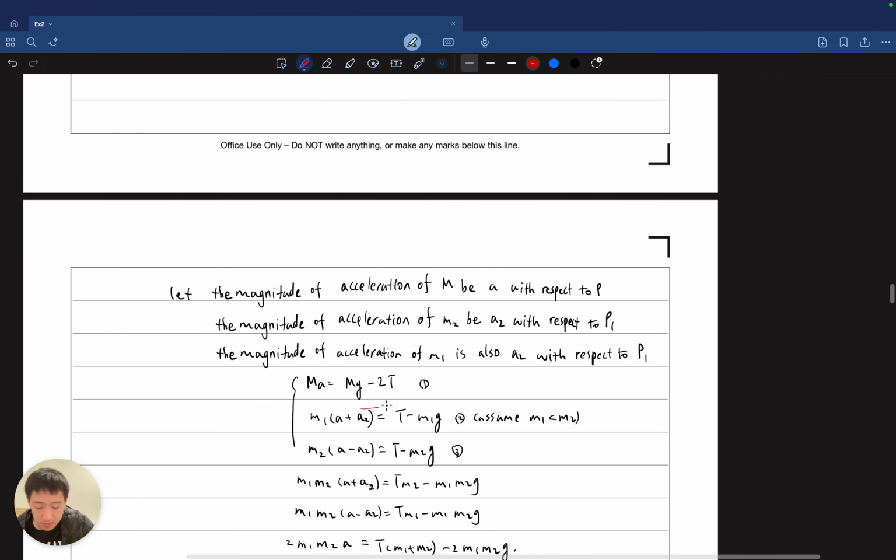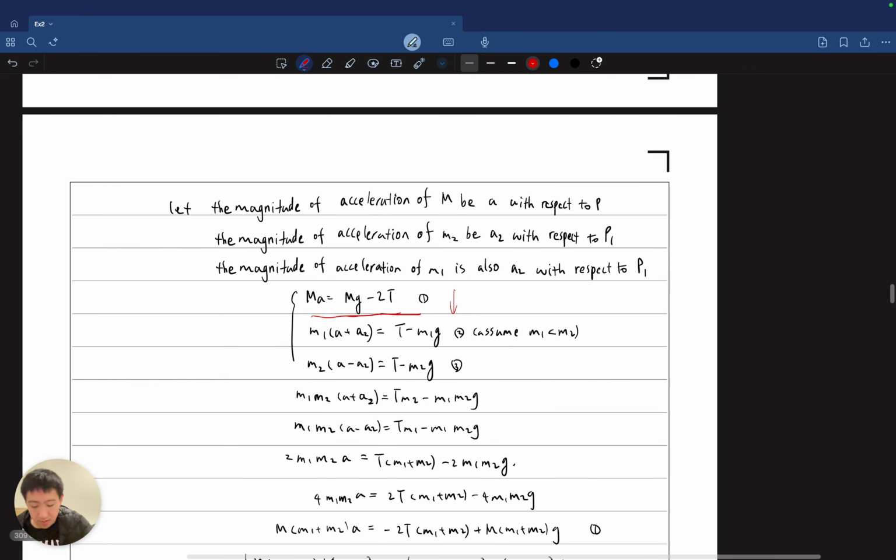Here the first one is quite straightforward. The only thing you need to be aware of is, since it's moving downwards, it's gravity minus tension, because you treat the acceleration as always positive. Since acceleration is downwards and gravitation is downwards, you use gravitation minus the tension.